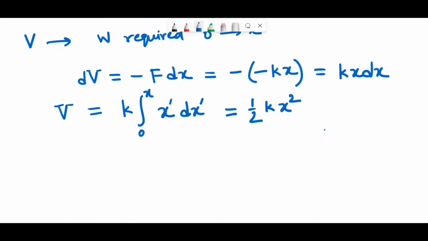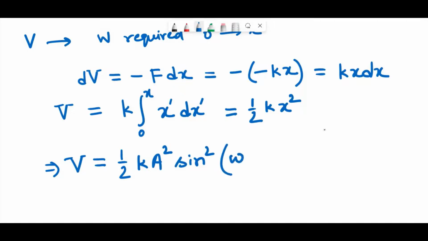So if I plug in the explicit expression for x into this equation, that gives us V equal to half k A squared sine squared omega naught t plus delta.